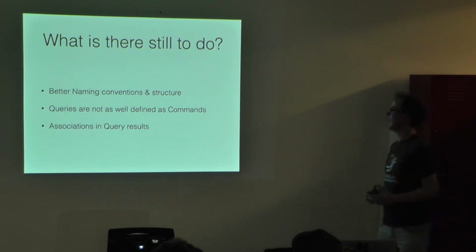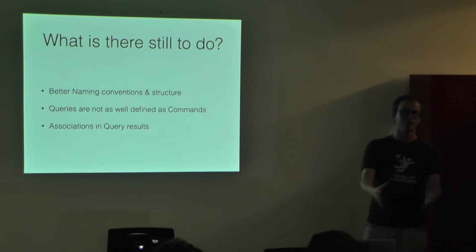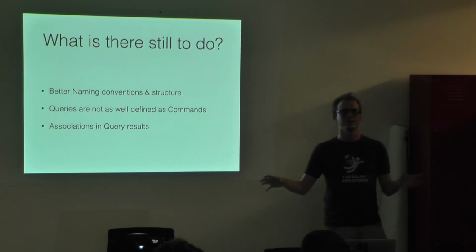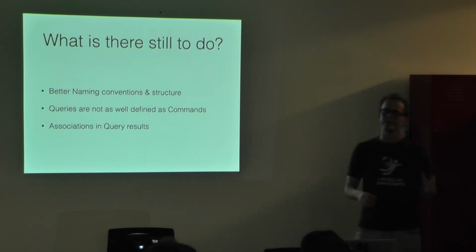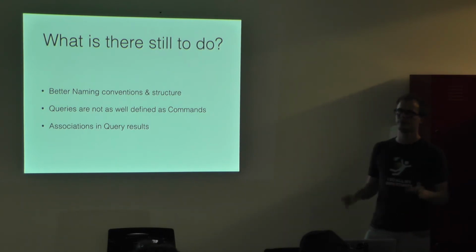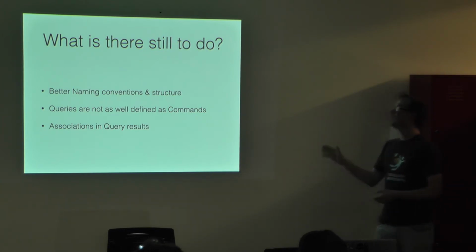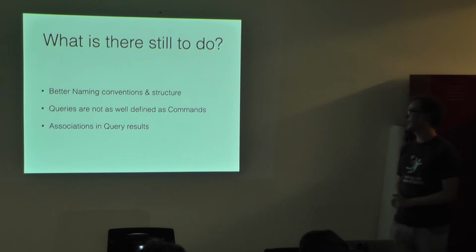So what do we still have to do? We need better naming conventions and structure, because we kind of have mixed our base logic with our implementation. They're on the same level, it's not that nice, and the names are also too much namespaces to be good. We need to better define how queries work.